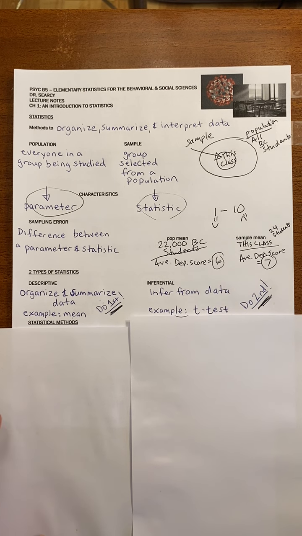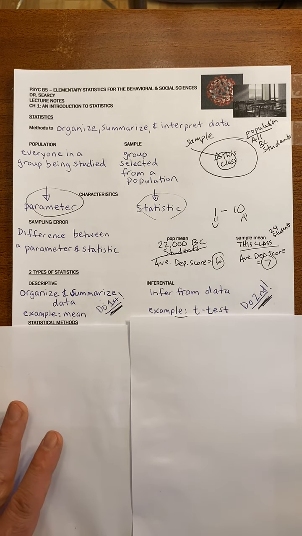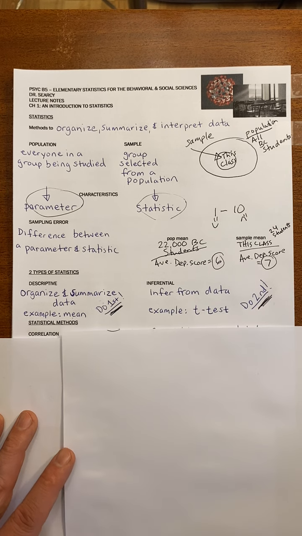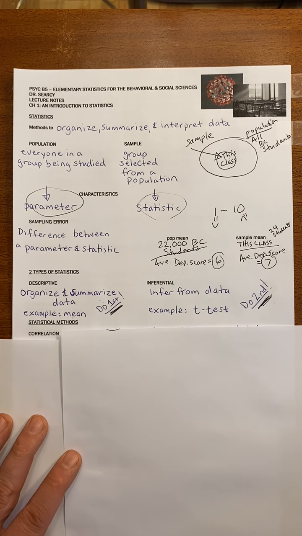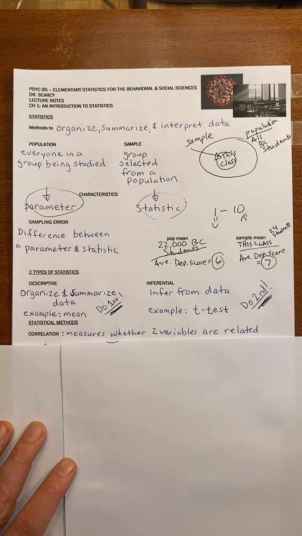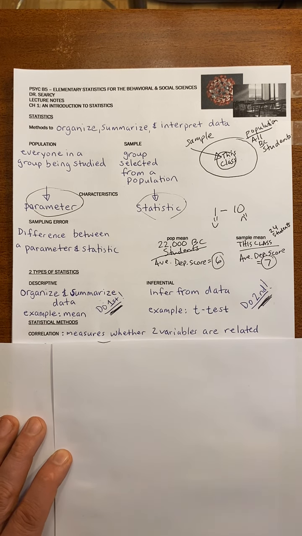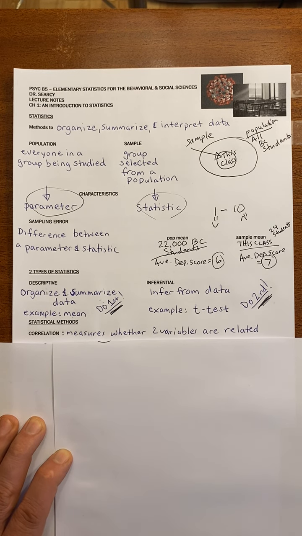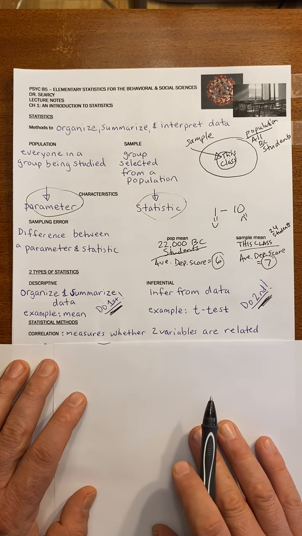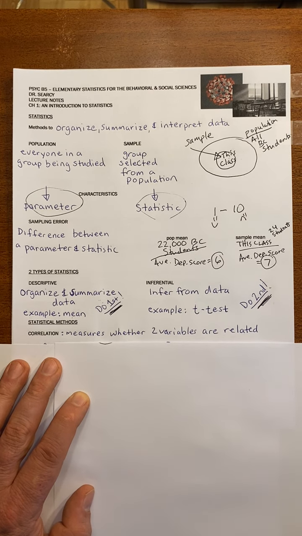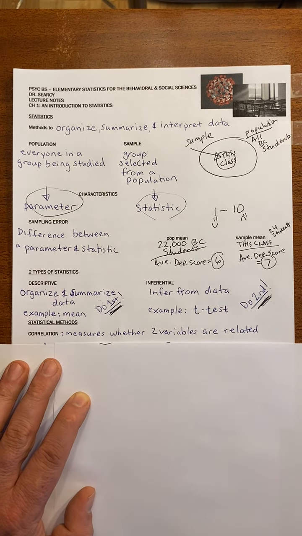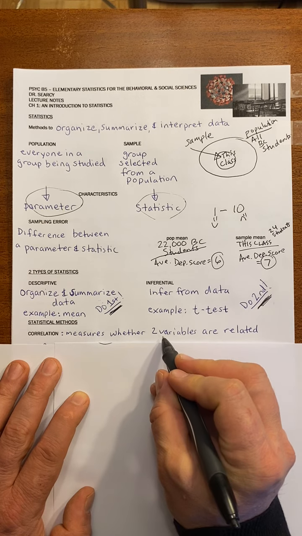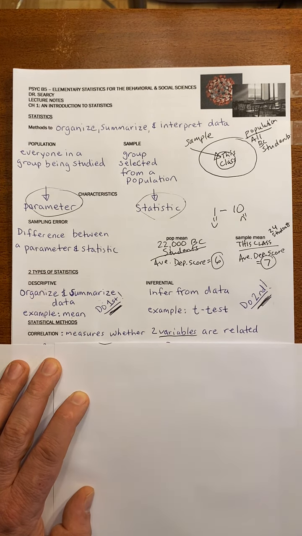So the next thing that we're going to talk about is statistical methods. How can researchers conduct their analyses? A first type of statistical method that we can talk about is the correlation. This is defined as where the researcher measures whether two variables are related. Now, at this point in the lecture, I've just introduced another semi-new term, and that semi-new term is variables.